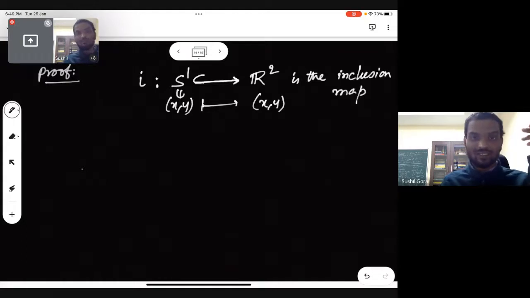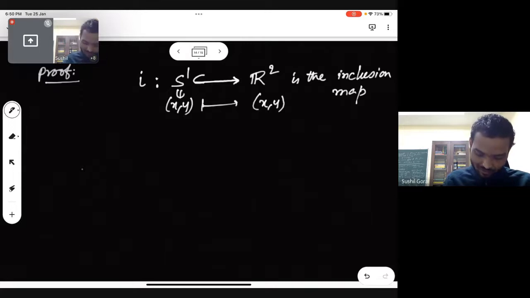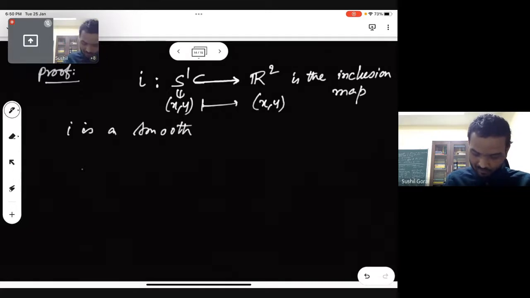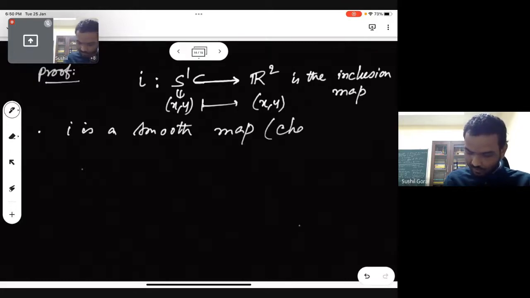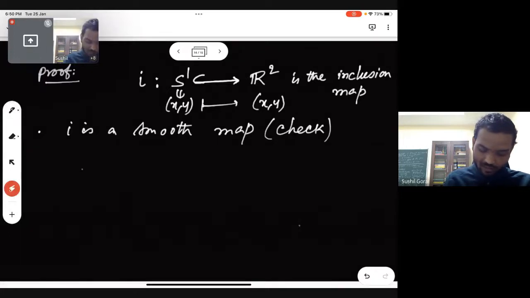Now you know these are smooth, right? Because if you fix a chart here, the first component and second component both are smooth. Now this I is a smooth map. Check. You need to have an atlas here, S1, and then compose here.